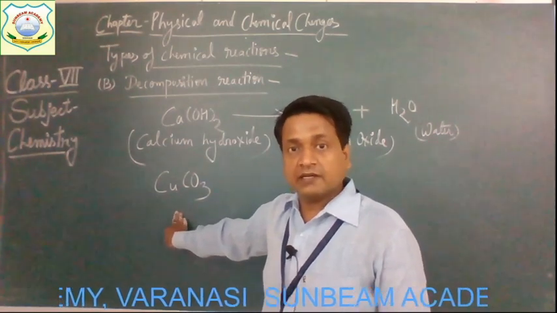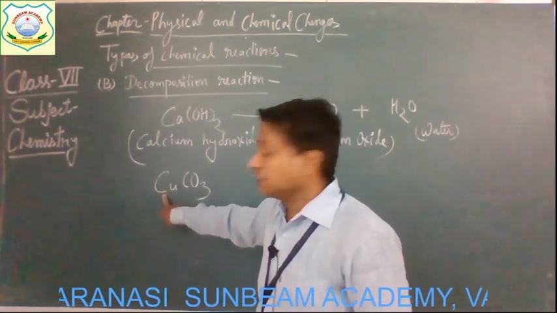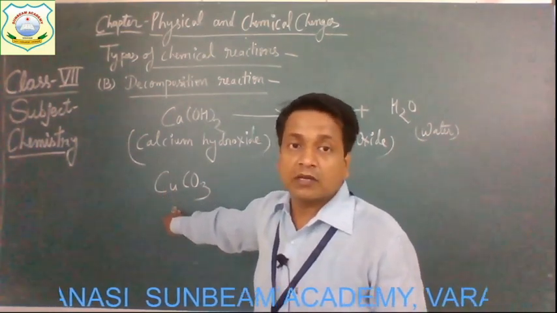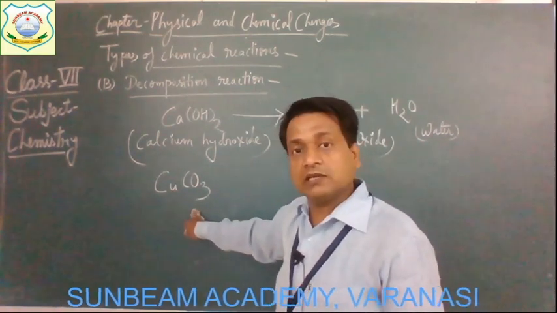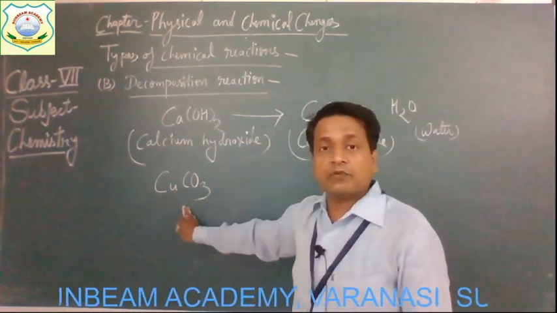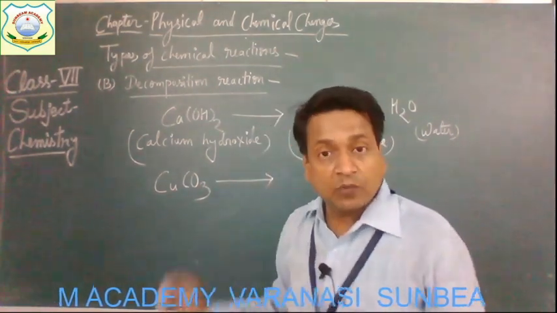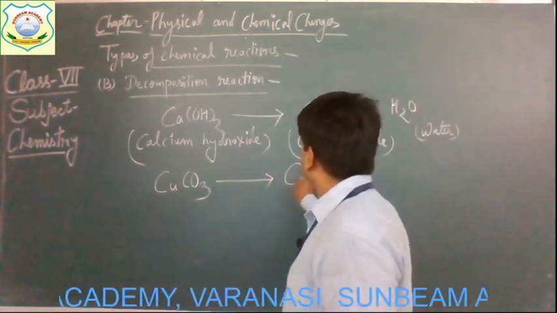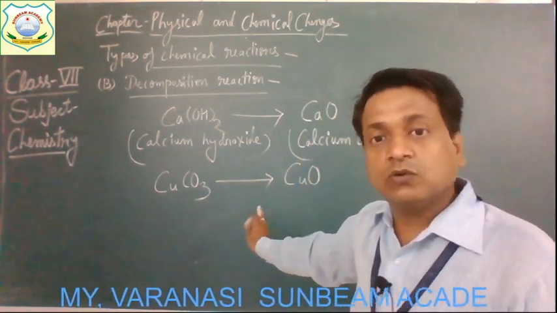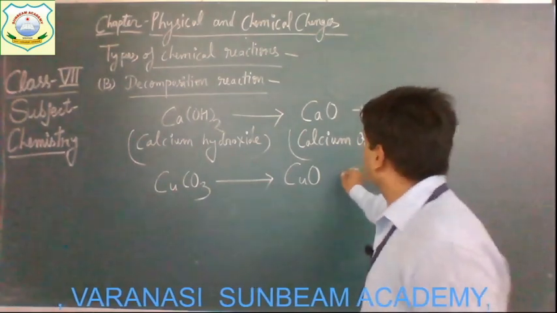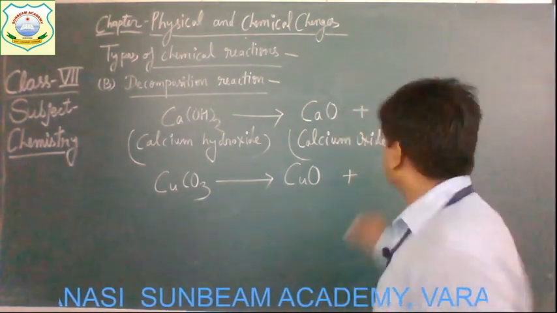Remember, CO3 is the carbonate group and Cu is the symbol of copper. So the formula of copper carbonate is CuCO3. When this copper carbonate is heated, it decomposes into copper oxide, CuO, plus carbon dioxide gas, which is also released.